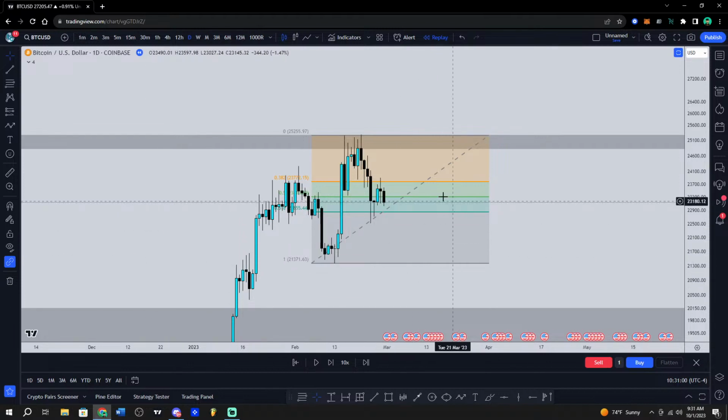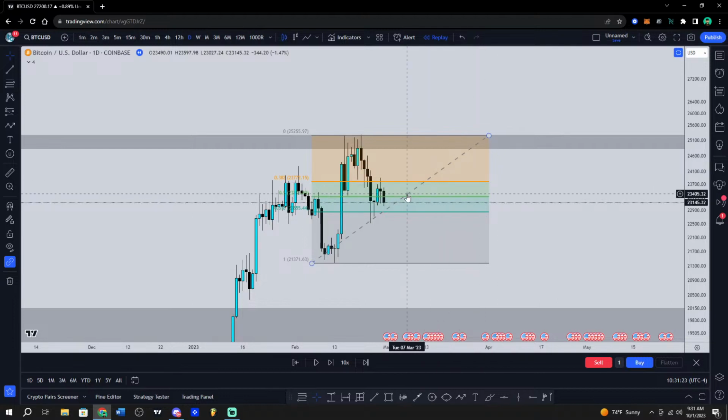The 38.2, which is this one right here, often represents a moderate support or resistance area. Traders may look for reversals or bounces around this level. The 50% retracement level is considered a strong support or resistance area. It's closely watched for potential continuation and reversals.